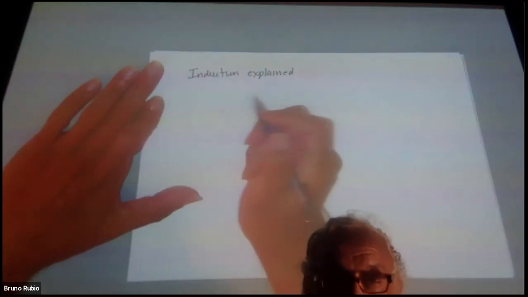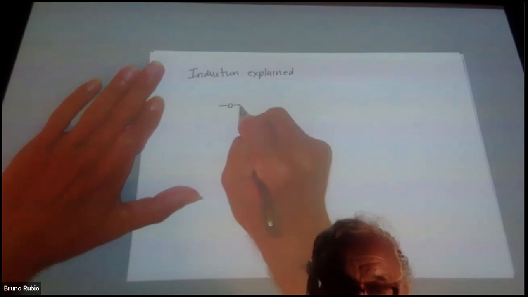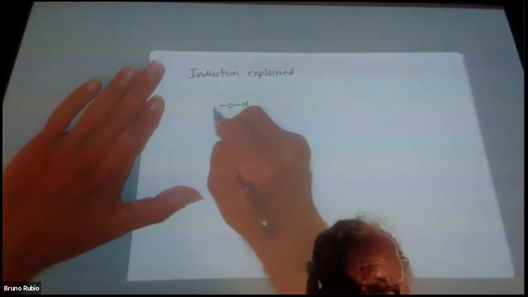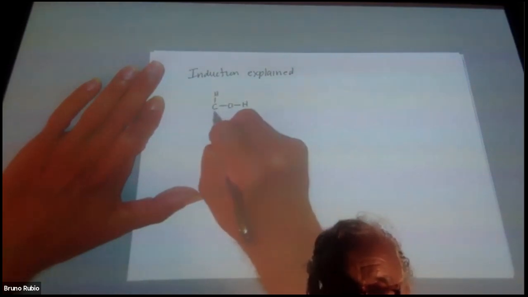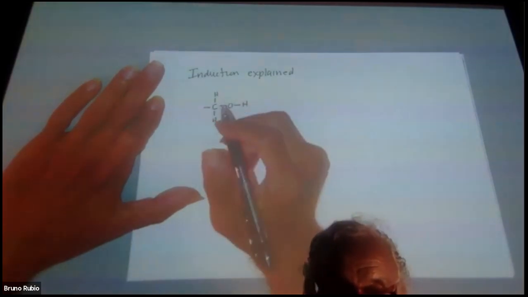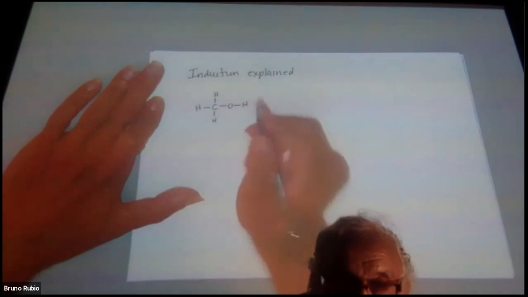All right, so let's look. We know that the proton of an alcohol is nominally about 17. So let's look at a molecule that has, maybe this guy.